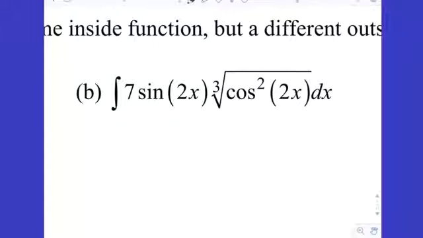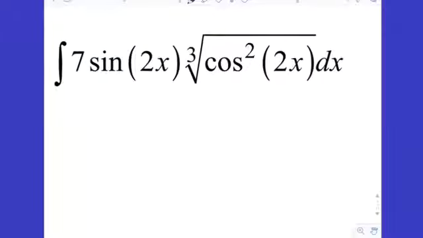Plus c. If you're taking a test and you don't know what the answer is, don't just put plus c. Put a function in front of it like x plus c or sine of x plus c, and then you could possibly earn credit for at least having the plus c.